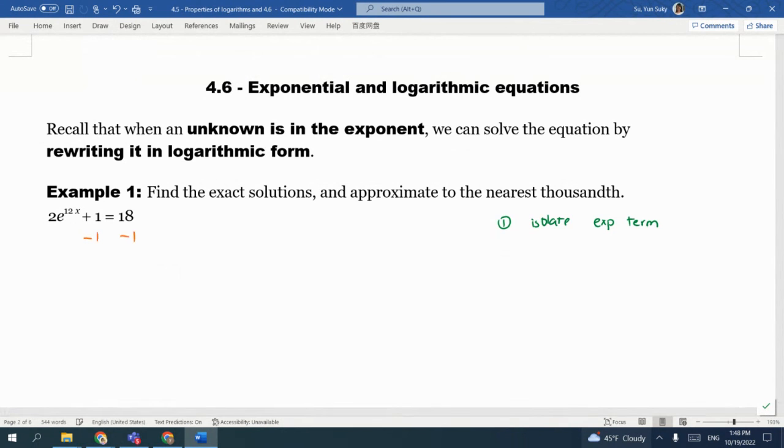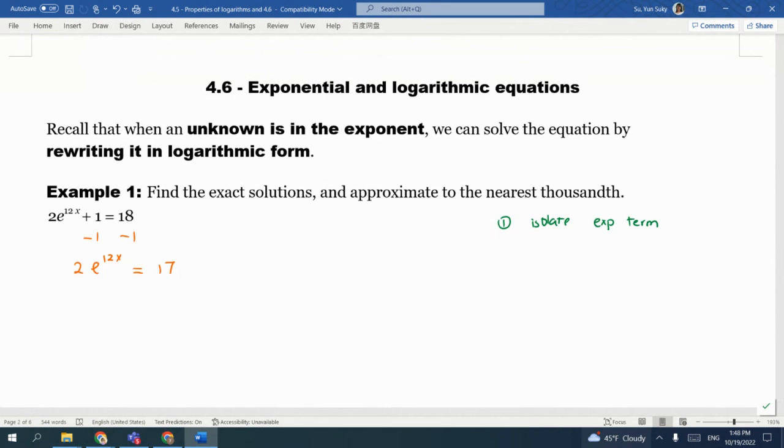Subtract 1 on both sides, right? We get 2e to the 12x equals 17. So isolate, what does isolate mean? It means you want to have the exponential term on one side just by itself. What do we do?